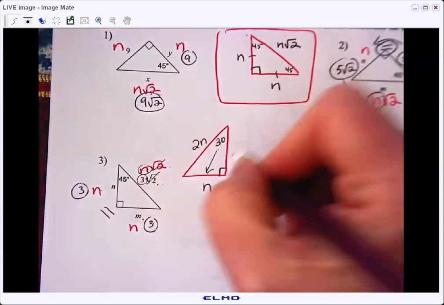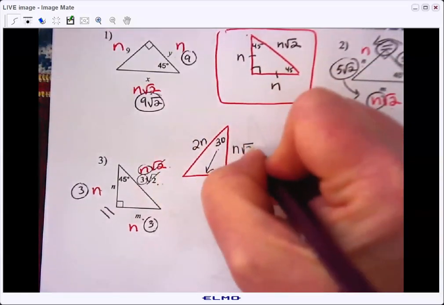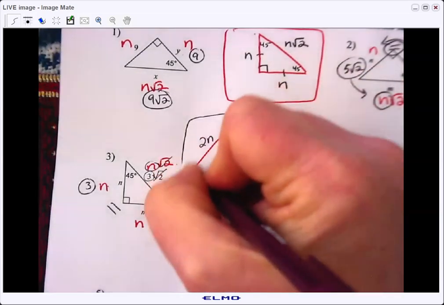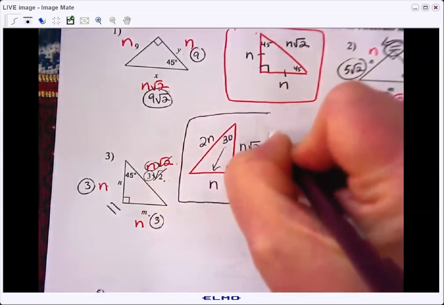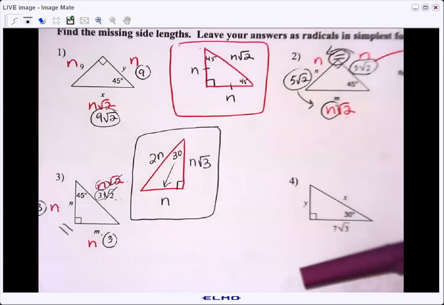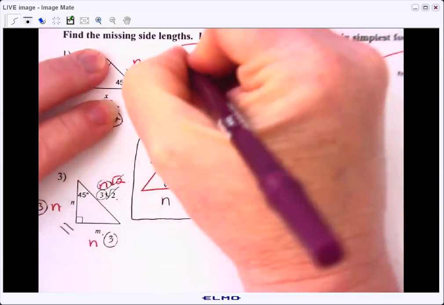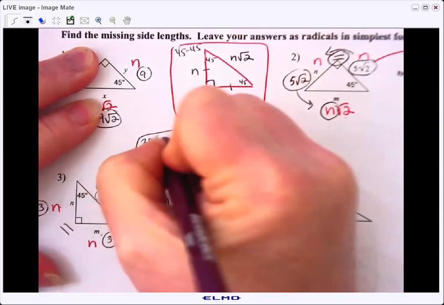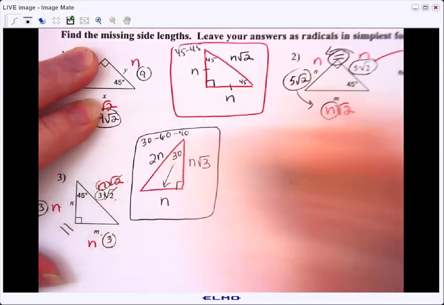And the long leg? n root 3. Yeah. Perfect. Okay, so we're going to put a box around this one. So now we have both. This is my 45, 45. This is my 30, 60, 90.